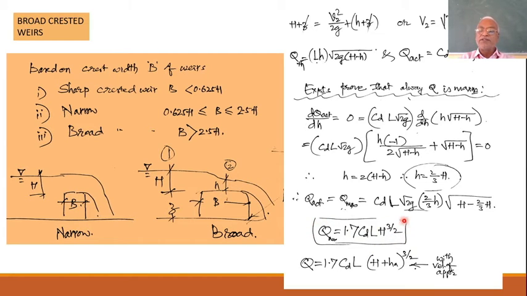So for a broad-crested weir, always the discharge will be maximum, and because of that the discharge expression becomes quite simple: Q equal to 1.7 Cd L H raised to 3 by 2. If you want to consider velocity of approach also, then it will be (H plus Ha) raised to 3 by 2. That's it. That is about the broad-crested weir. Points to be remembered are how to classify, and that experiments prove that always Q is maximum, hence the equation becomes quite simple.